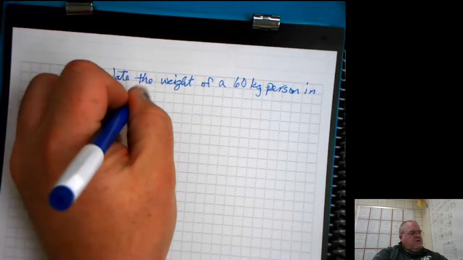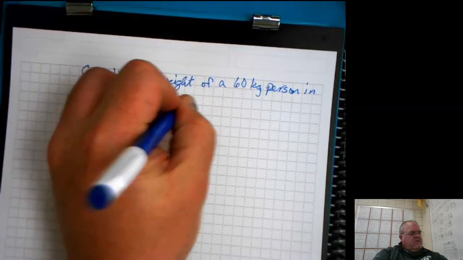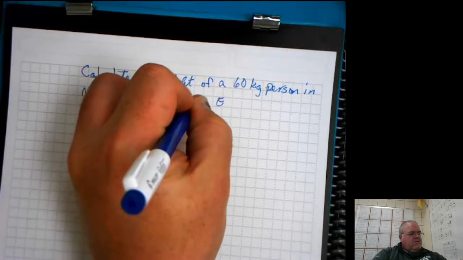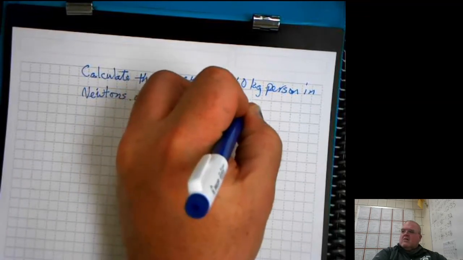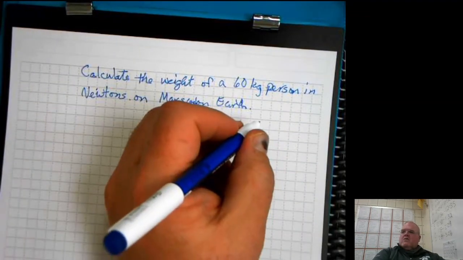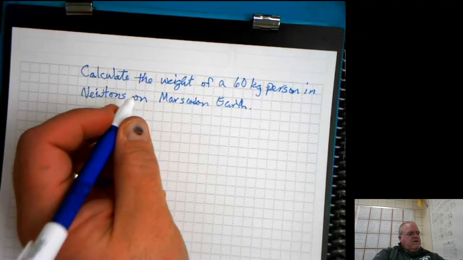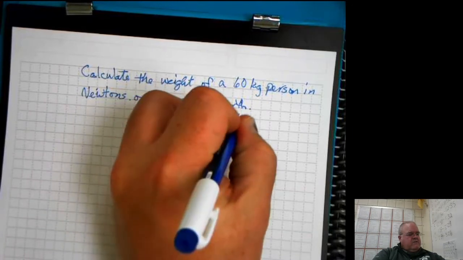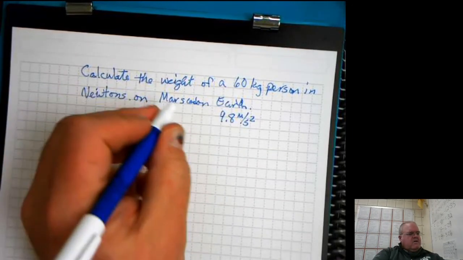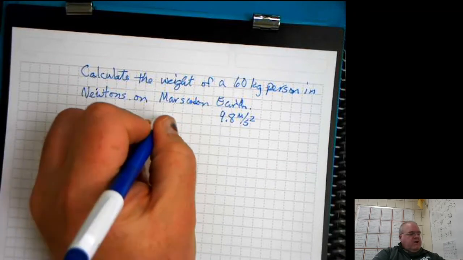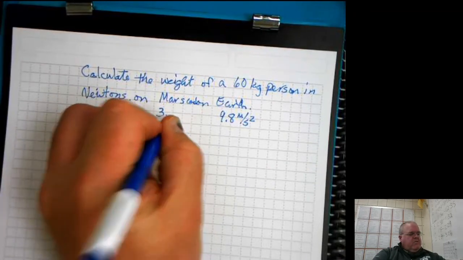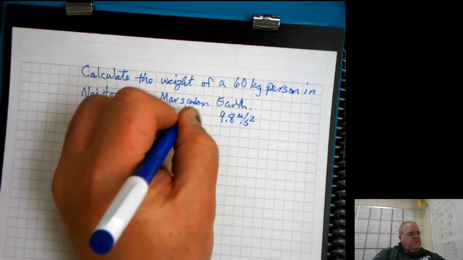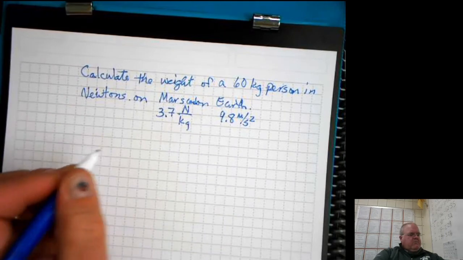And I want to do it on Mars, and I want to do it on Earth. Earth has an acceleration of 9.8 meters per second squared, and Mars has a g of 3.7, and we have newtons per kilogram.